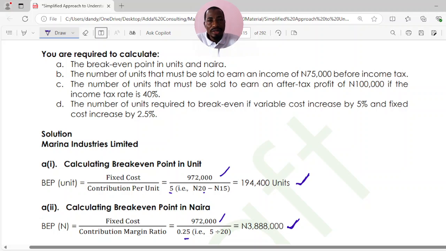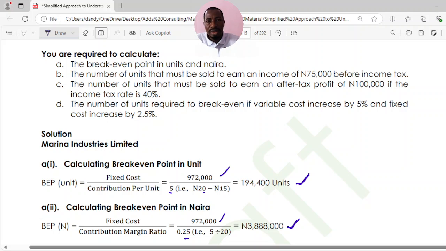Remember, one of the assumptions of break-even analysis is that fixed costs and variable costs will remain constant and will not change. Fixed costs will not change, variable costs will not change, selling price will not change, there will be no price level change, there will be no inflation. The method of technology and production efficiency, all of that will not change as well.